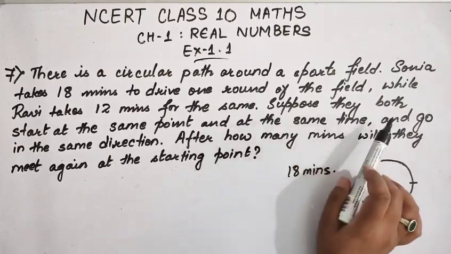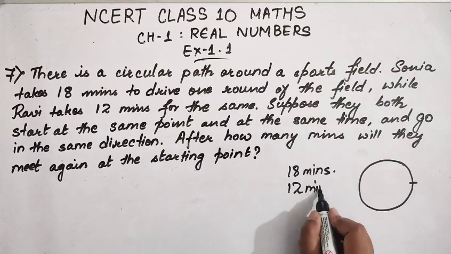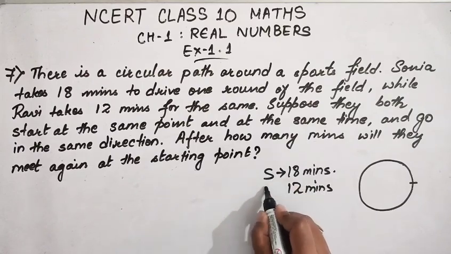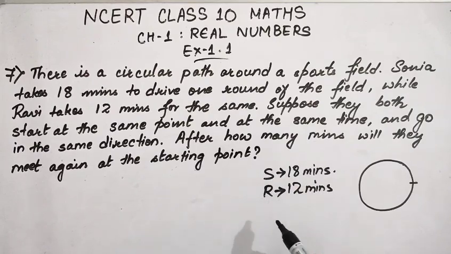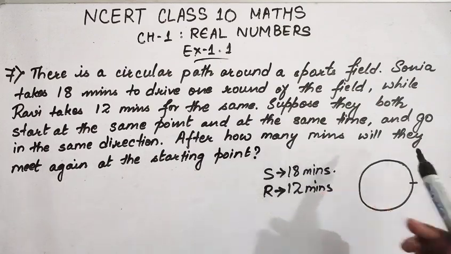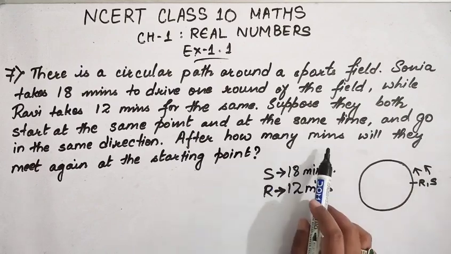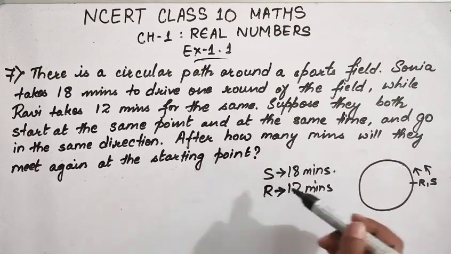And while Ravi takes 12 minutes. For Sonia, it is 18 minutes and for Ravi, it is 12 minutes. Suppose they both start at the same point and at the same time. Both of them are starting from here. Both of them are going in the same direction. After how many minutes will they meet again at the starting point?